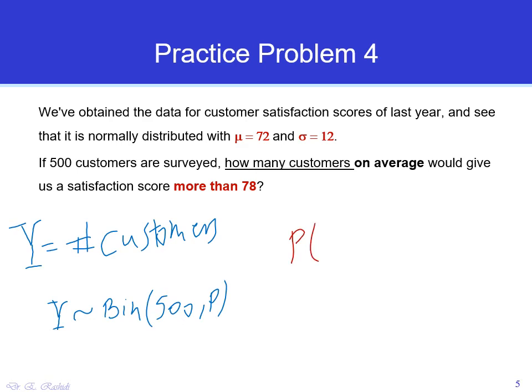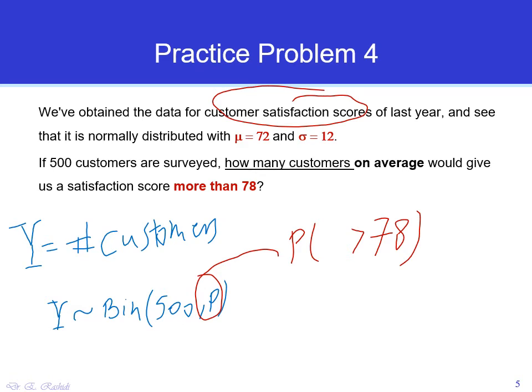This is our p here. But the problem says that the satisfaction score for customers actually follows a normal distribution. So if I define X as a random variable representing the satisfaction score for customers, according to the problem, it follows a normal distribution with an average of 72 and a standard deviation of 12.